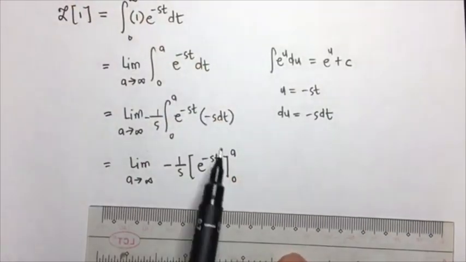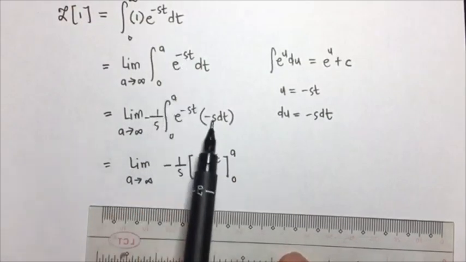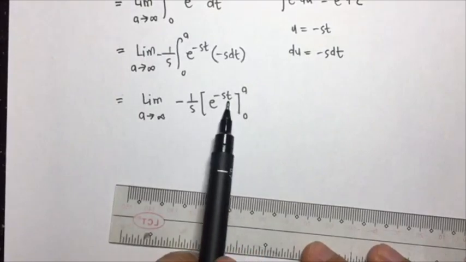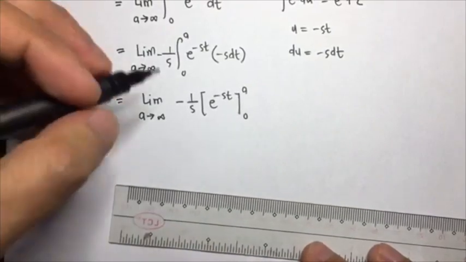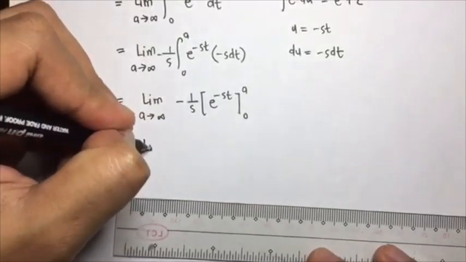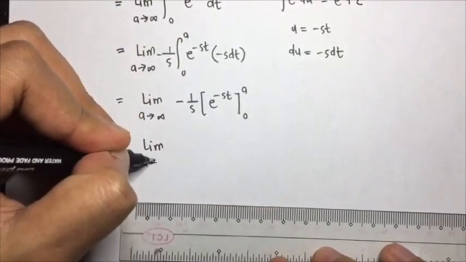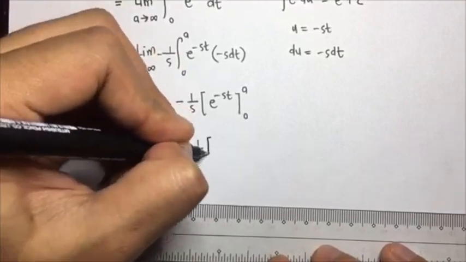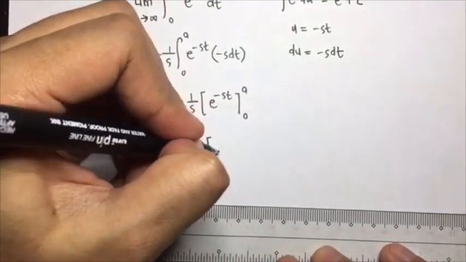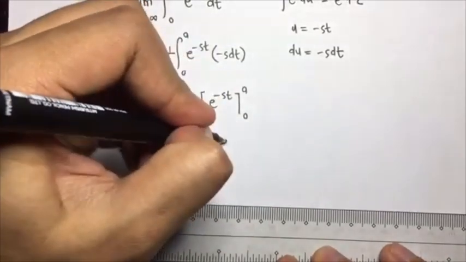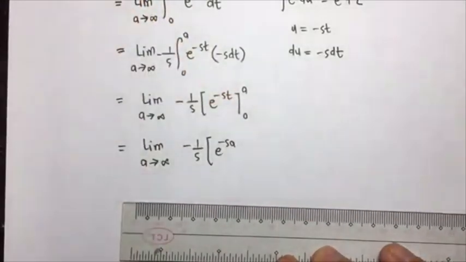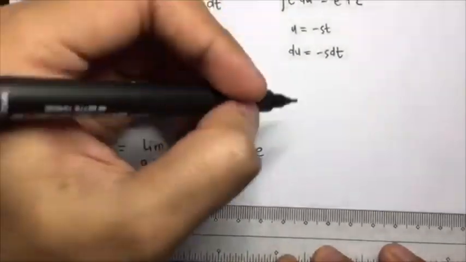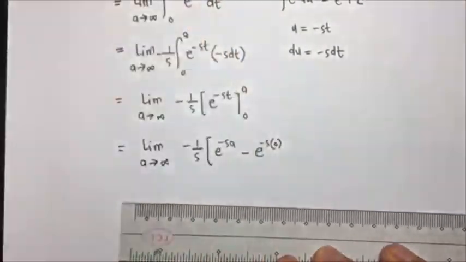Remember here that we are treating s as a constant, by the way. So substituting a and 0 for t, upper limit minus lower limit, this will become the limit as a approaches infinity of negative 1 over s, times e raised to negative s times a, minus e raised to negative s times 0.